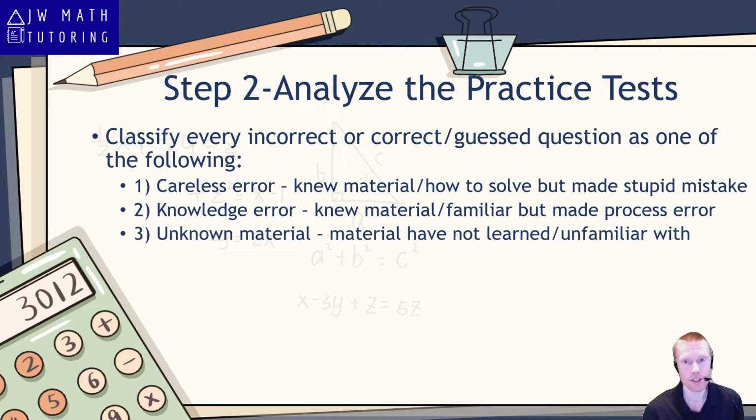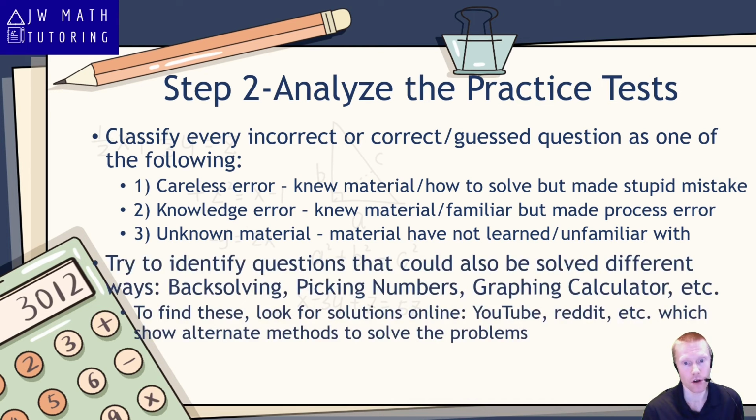Now, in addition to classifying all of those types of questions into the 3 categories, what you also need to do is try to identify questions or problems that could be solved using different methods.